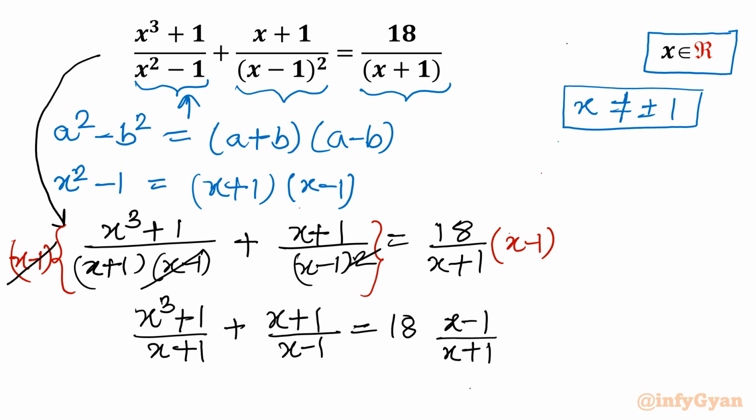Now I will consider the LCM on both sides. Once you take the LCM, you see the denominator x plus 1 will be cancelled out from both sides. So I will write (x^3 + 1)(x - 1) + (x + 1)^2.